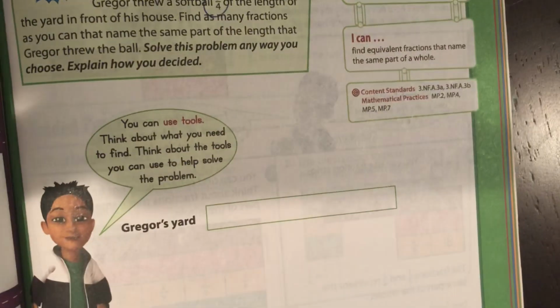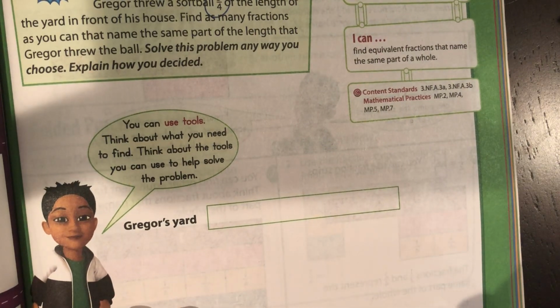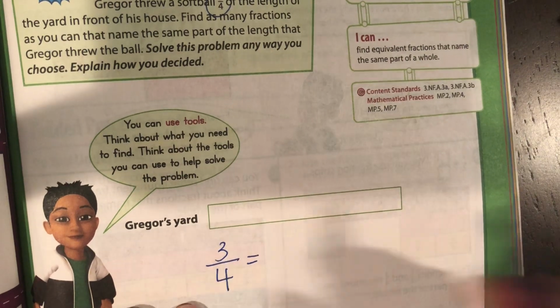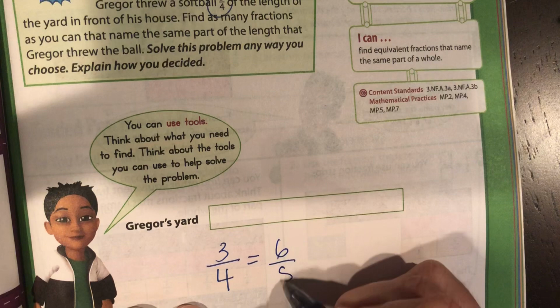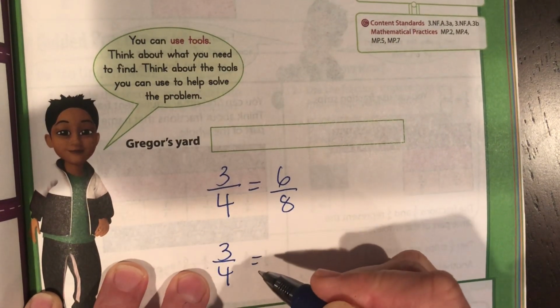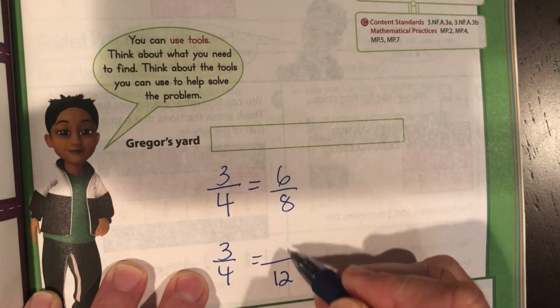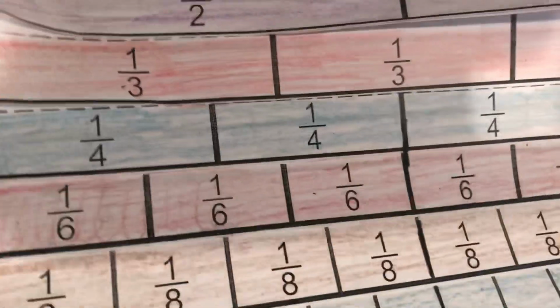So here we could say that 3/4 is equal to, what do we say? 1, 2, 3, 4, 5. It's going to be the same as 6 8s, but it's also going to be the same as 8/12. Okay, remember we counted it that way.